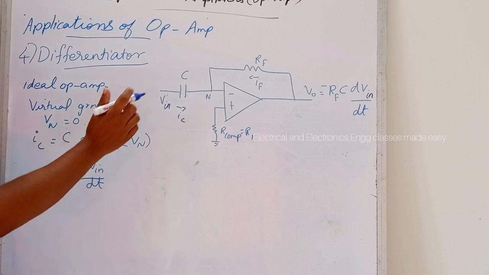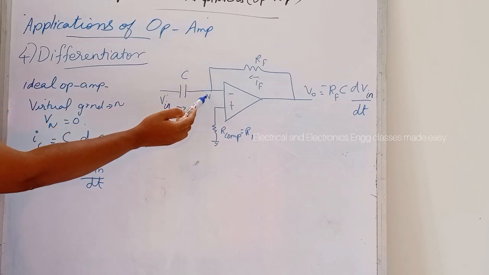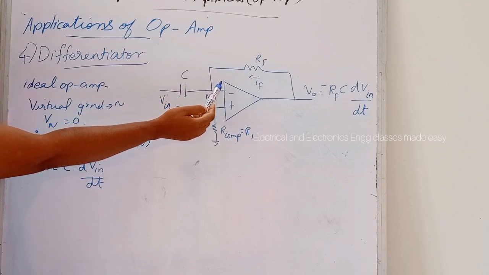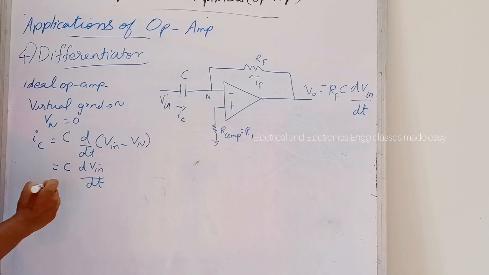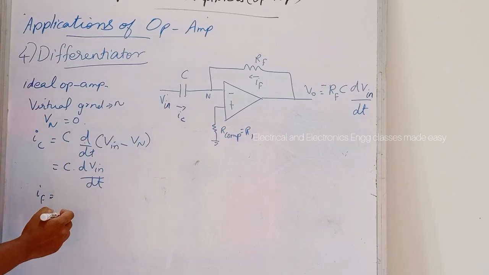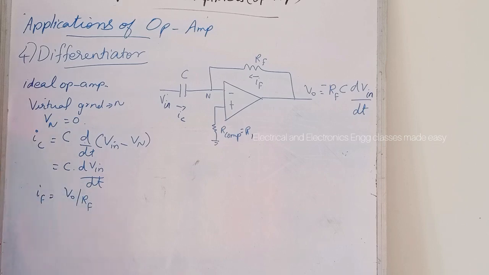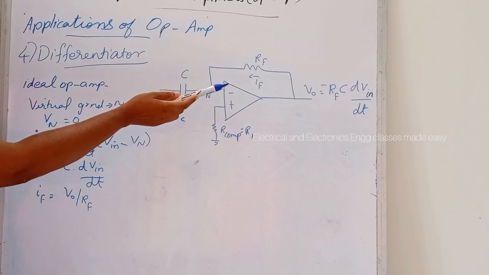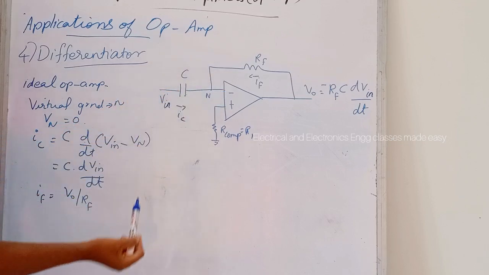The current IF through the feedback resistor is, what is IF? IF is equal to V0 divided by RF. And there is no current into the op-amp.